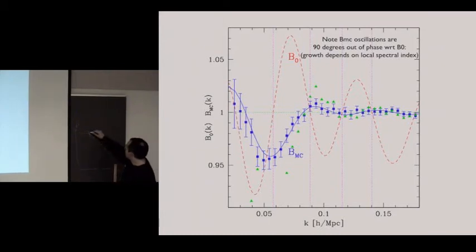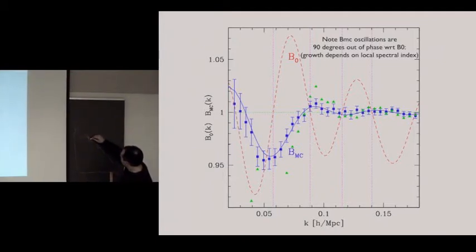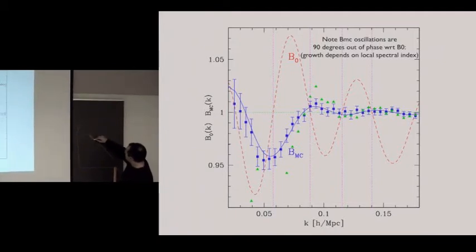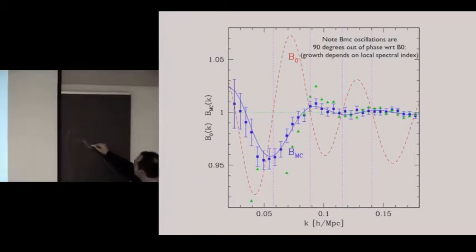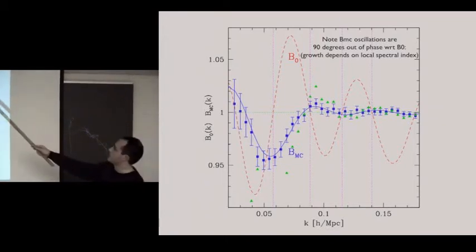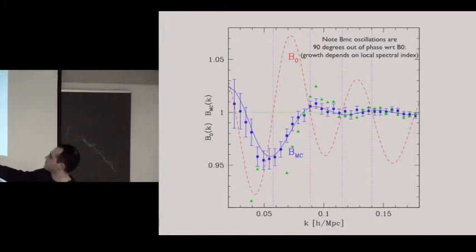So as you can see, if I add a positive thing at this particular scale, and then I add a negative thing here, I will cause a shift. So the growth, when I calculate the nonlinearity, will be higher here than for a smooth case, and here it will be lower. So that's where this 90 degrees out of phase correction is coming from.